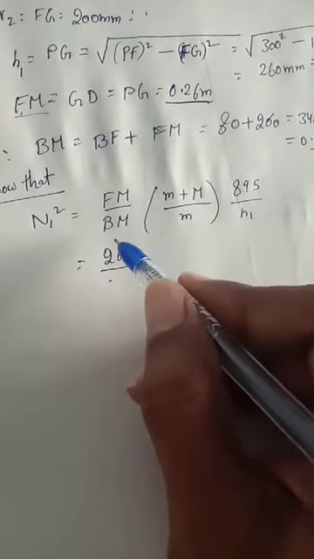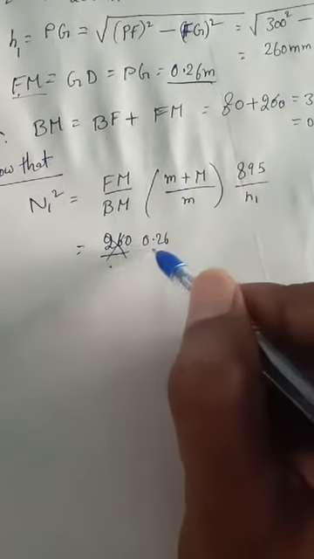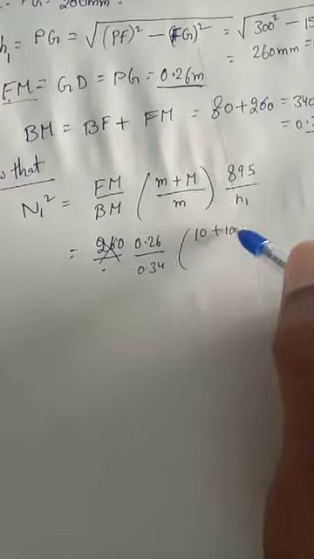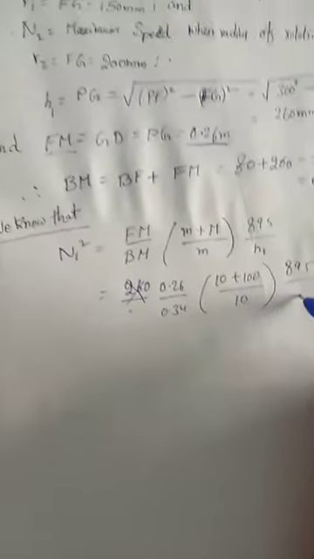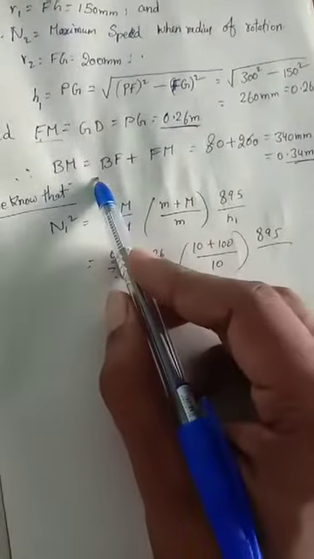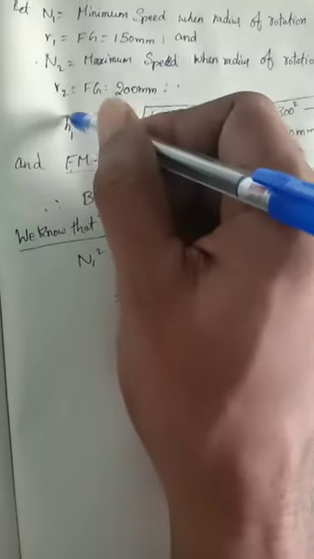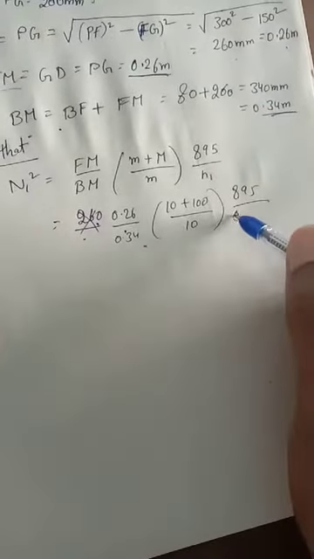We are going to convert everything into meters, so all those things are in meters. So 0.26 divided by 0.34, and then (10 plus 100) divided by 10, into 895 divided by h1, which is the height, 0.26.